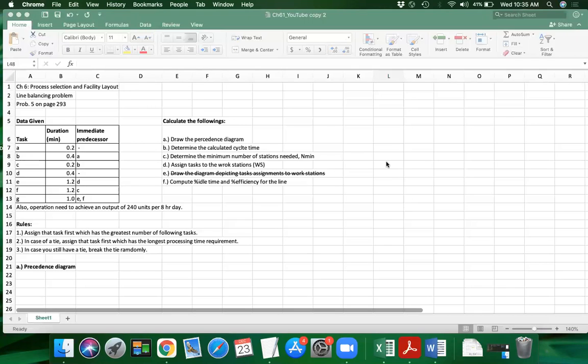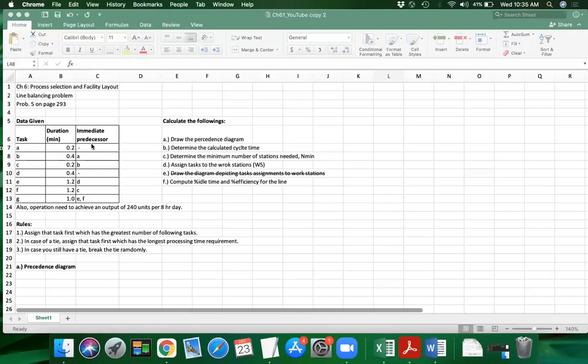So here you have been given a set number of tasks, A through G, and you have to assign these tasks to different workstations in such a way that you will maximize the efficiency and minimize the idle time. Okay, so this is the data given. You are given tasks A through G, their durations, and their relationship with other tasks.